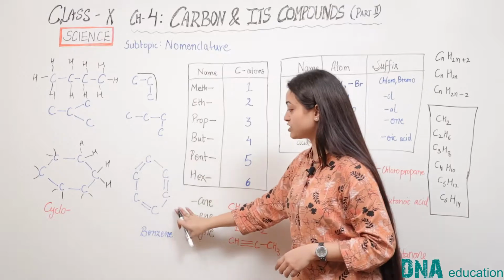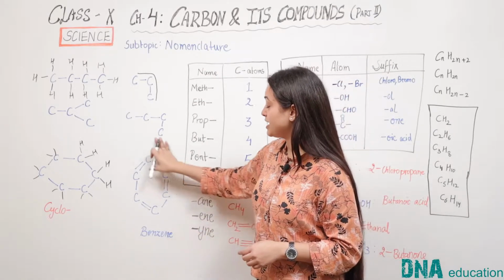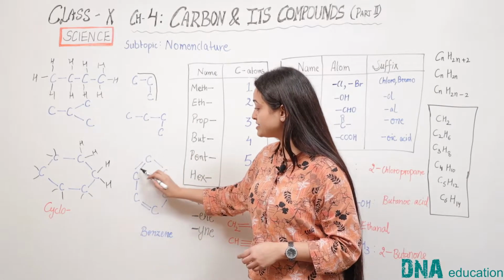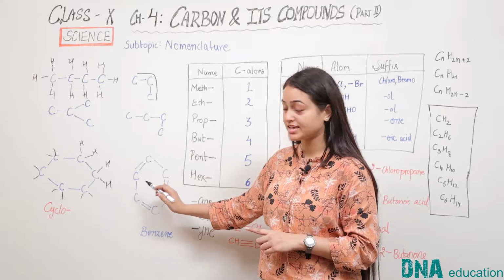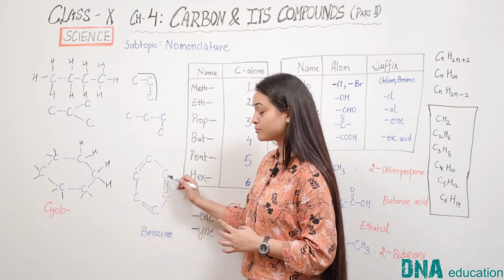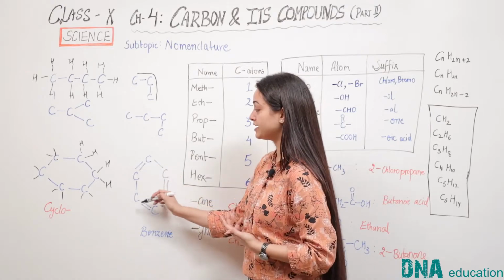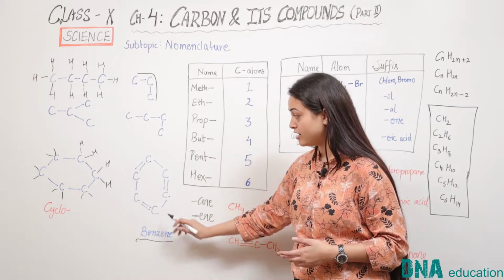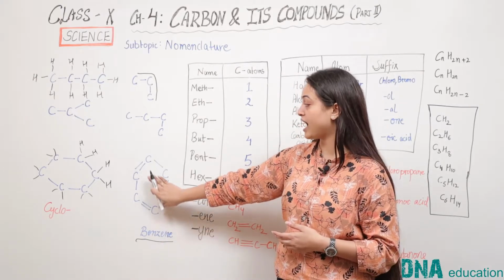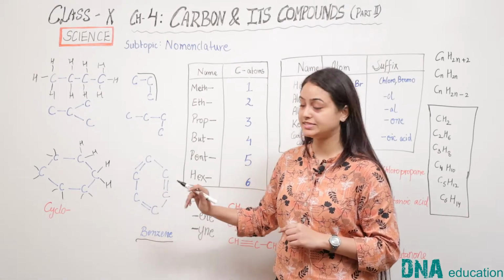Now coming to the structure benzene. This is a special structure because it is characterized by alternate single and double bonds. As you can see that there are 6 carbon atoms and each carbon atom is alternating with single and double bonds. This is a peculiar feature of benzene. Now let us see how many hydrogen atoms should be added to each of the carbon atoms in benzene.